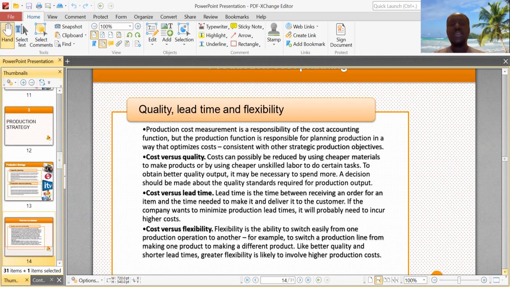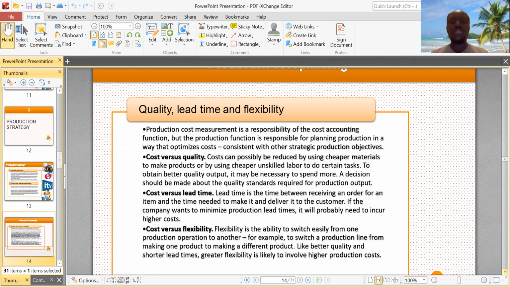So let's explain. Cost can possibly be reduced by using cheaper materials, right? If you use cheaper materials, your cost reduces. Or if you even use cheap labor, your cost will also reduce. And if your cost reduces in that regard, what happens? Because you are using cheap material and cheap labor, it will have an impact on your quality, right?